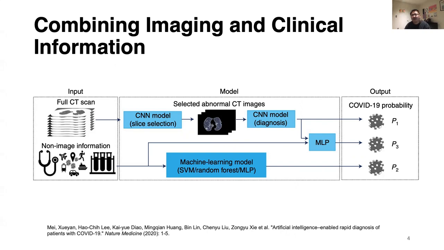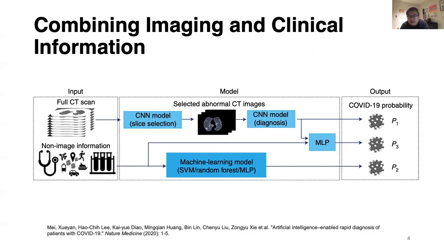So in order to evaluate the chest CT scans, every slice was first ranked by the probability of containing a parenchymal abnormality as predicted by the CNN model, which is a pre-trained pneumonia tuberculosis model that has over 99% accuracy to select abnormal lung slices from the chest CT scans.